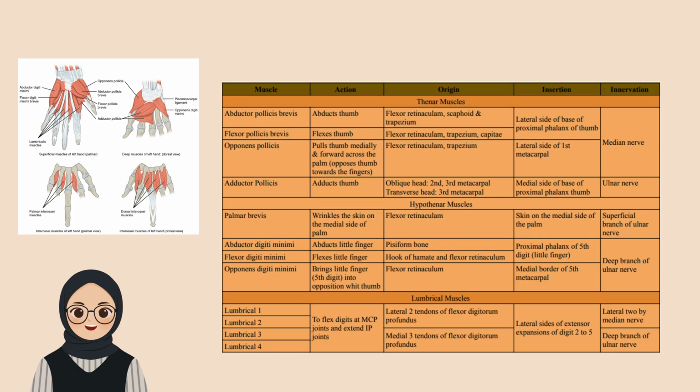And then lumbrical muscles, divided by lumbrical 1, lumbrical 2, lumbrical 3, and lumbrical 4. They have the same action: to flex digits at MCP joints and extend IP joints.